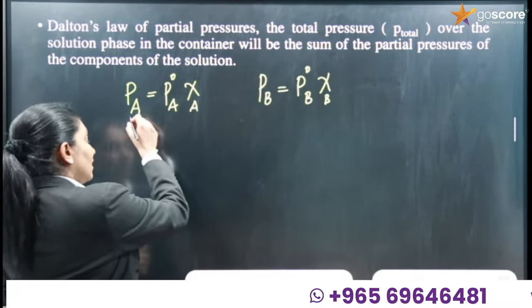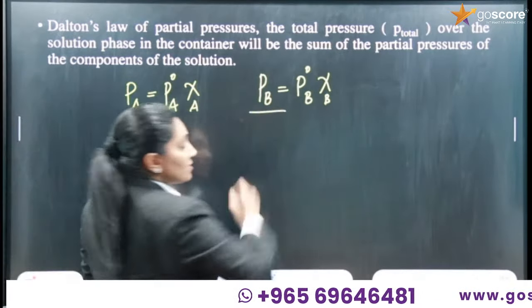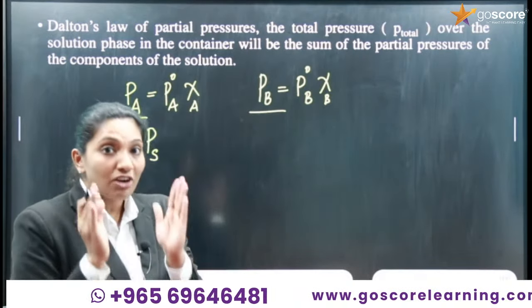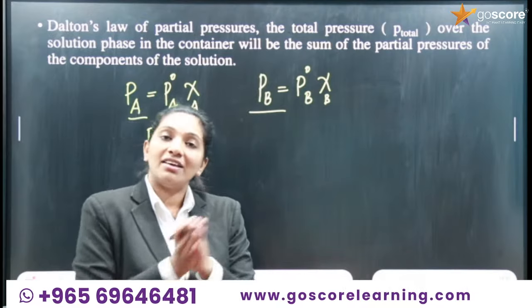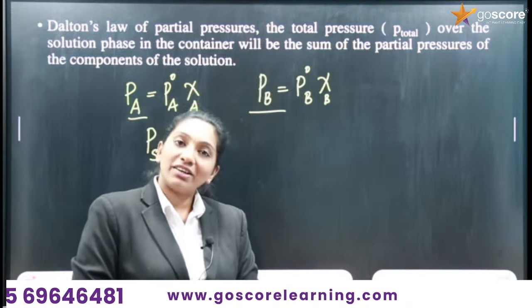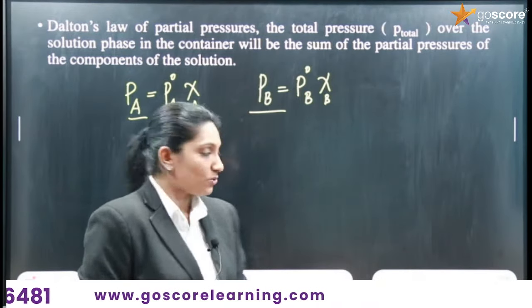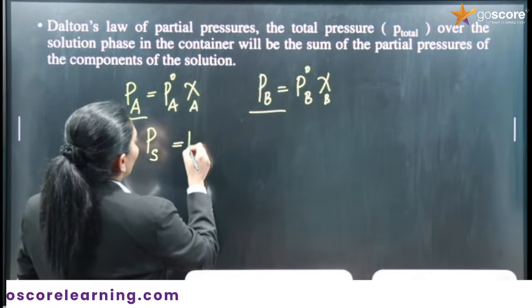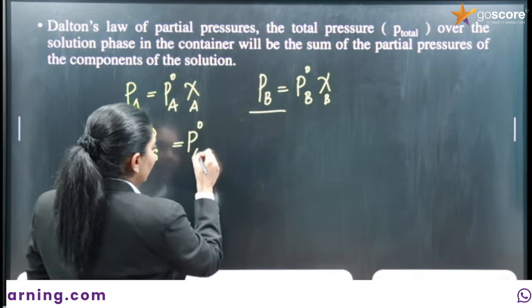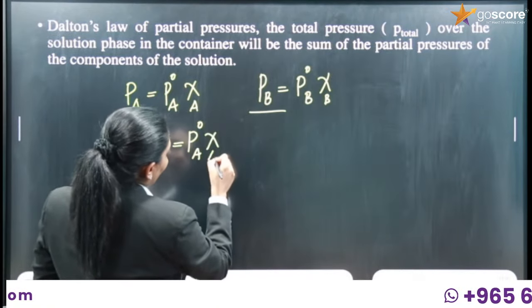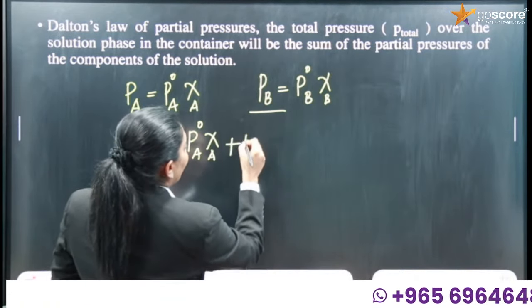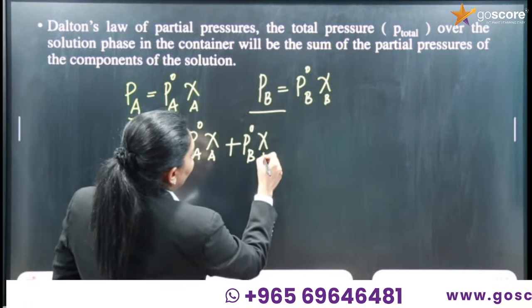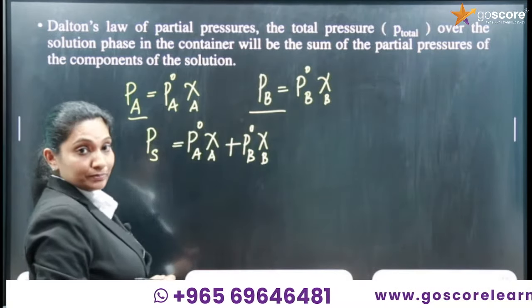So, according to Dalton's law, the total pressure of the solution is the sum of the partial pressures exerted by the components. So, how can we write it? PS or P total is equal to what? P naught A into chi A plus P naught B into chi B, isn't it?